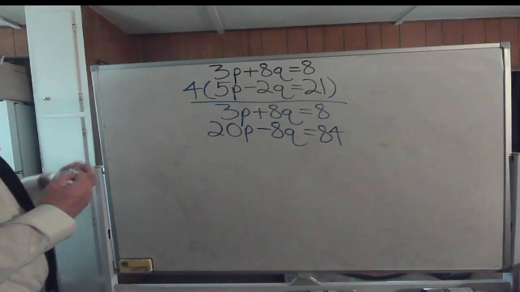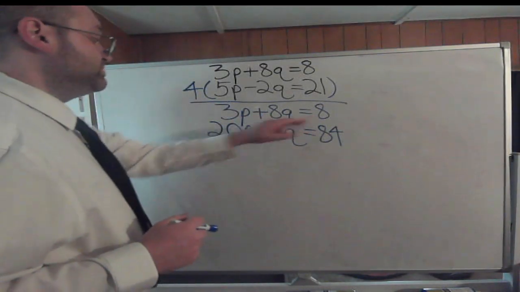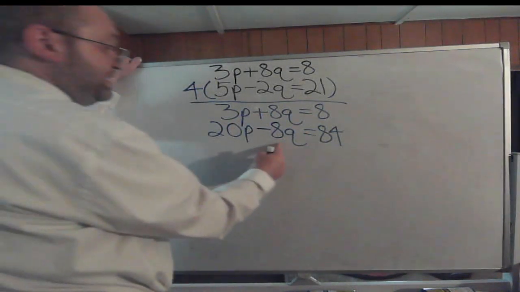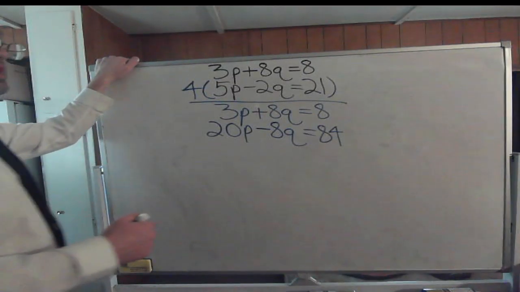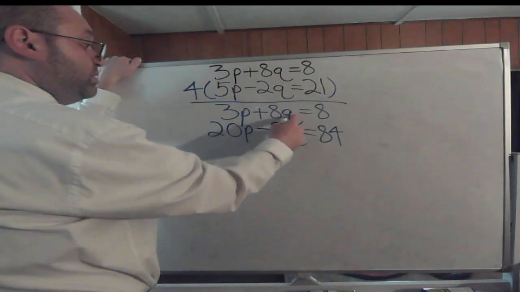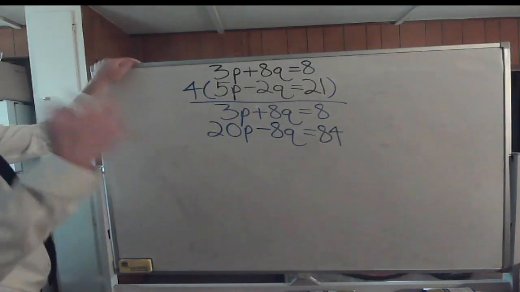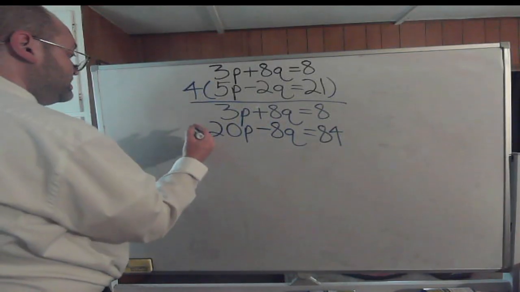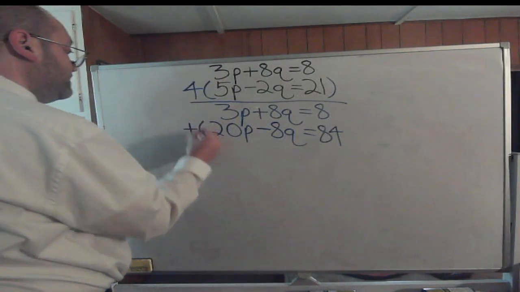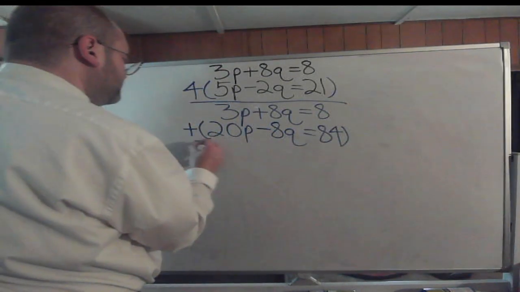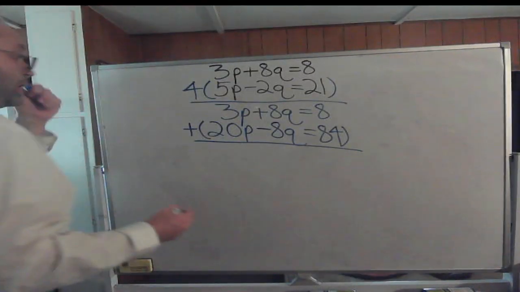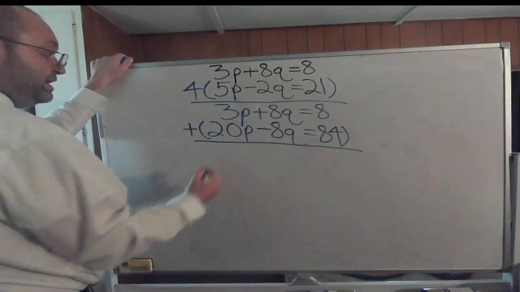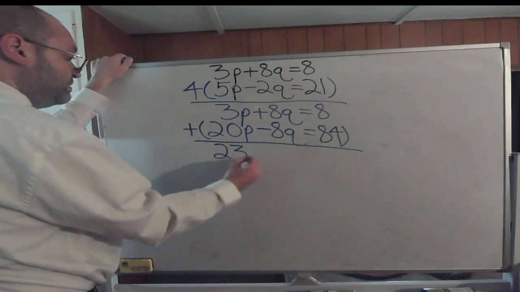So now you have 3p plus 8q equals 8, and then 20p minus 8q equals 84. Well, you have a positive 8q in one, a negative 8q in the other. We can add this together and temporarily eliminate the q variable. So 3p plus 20p, that's 23p.